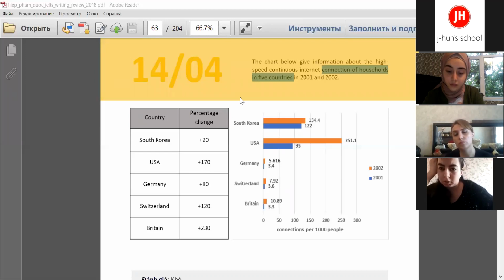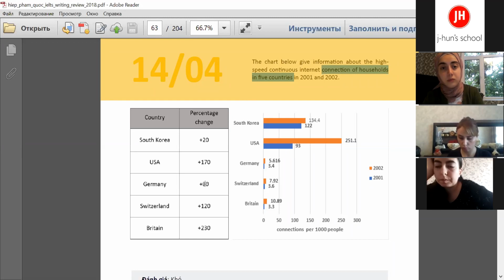But this information is not in parallel with what is said in the first part of the complex sentence. For instance, you were saying that South Korea and United States exceeded the others, right? Yes. Okay, then put either a full stop and start a new sentence adding that information, or if you want to continue, please don't speak about Britain yet. Just say, for instance, while South Korea and United States exceeded the others, the rate for Germany was the least.